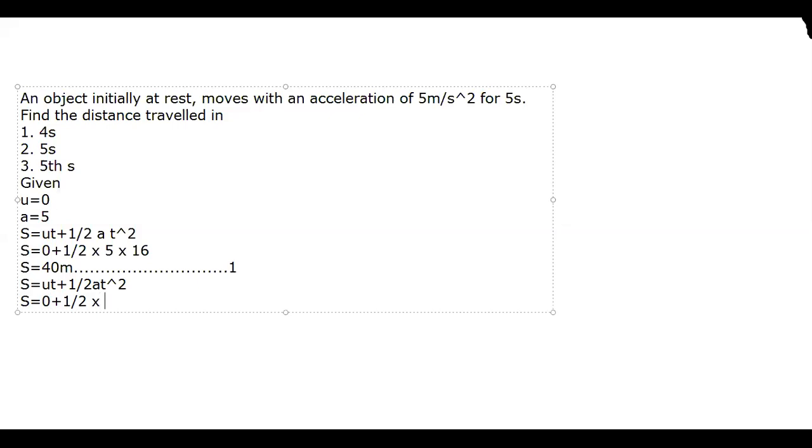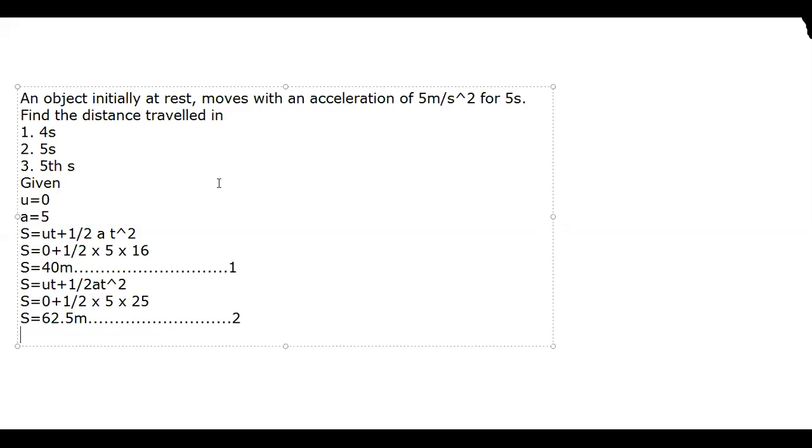Acceleration is 5 into t is 5, so 5 5s are 25. So half into 5 into 25. So 25 5s are 125, and 125 divided by 2 comes out to be 62.5 meters. So this is your second part.